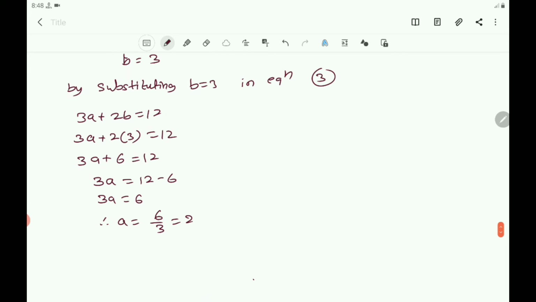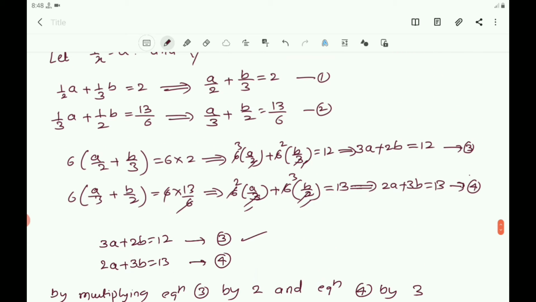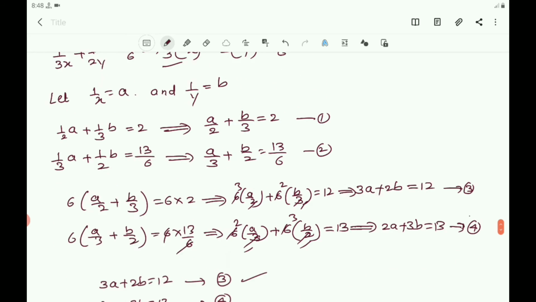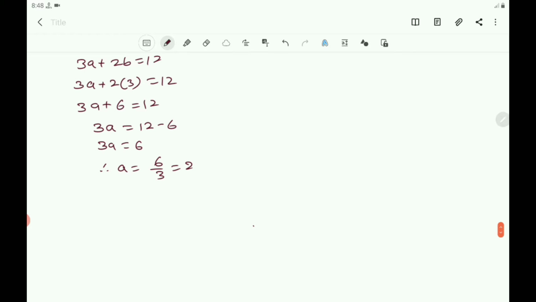Then you got the values of a and b here, and you have taken 1/x = a and 1/y = b. So you write 1/x = a = 2.